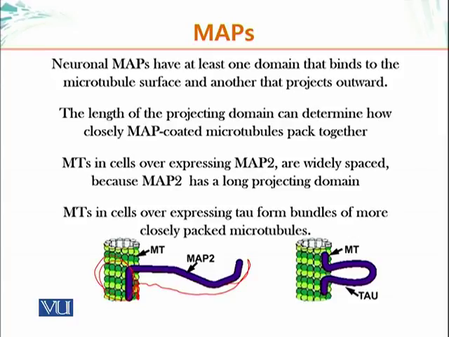This projecting MAP2 domain is longer than the corresponding domain of tau. Also notice that tau has two domains that can bind the microtubule lattice, one at its amino terminus and one at its carboxy terminus.